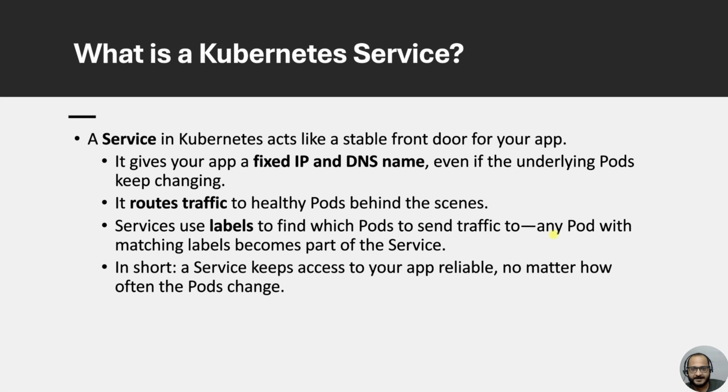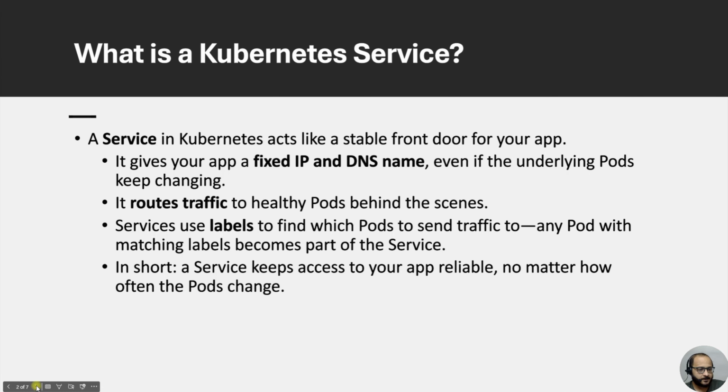When we deploy our applications, we will create a Service manifest file, and there we will reference our pod details. So the Service will know, okay, I need to route the traffic to this particular pod. In short and simple, Services are used to expose our application outside the Kubernetes cluster.